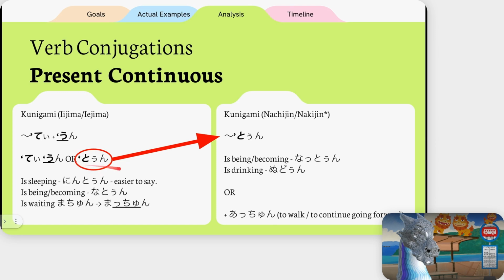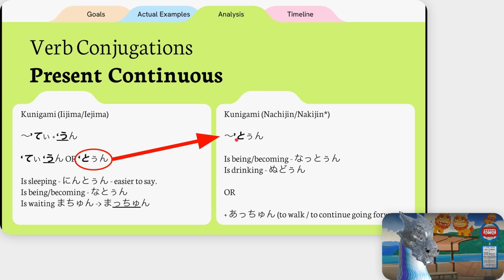So in Iejima you can use either way, but sometimes, well, the default is ti un. The dung is sometimes easier to say.